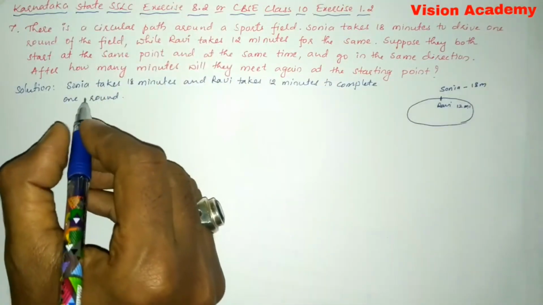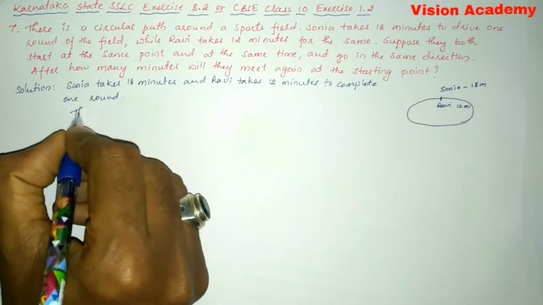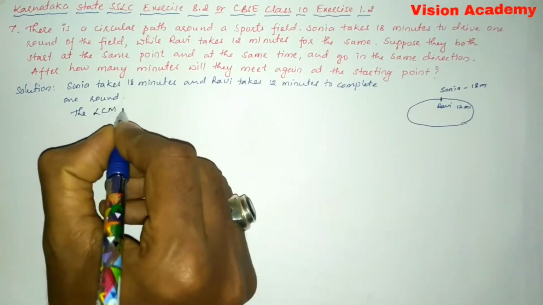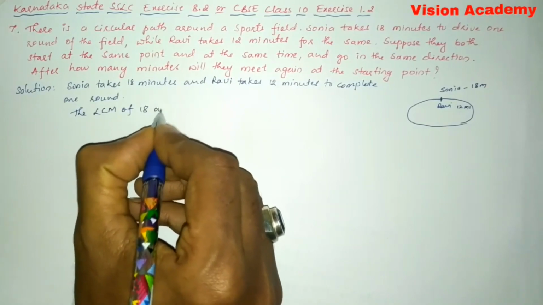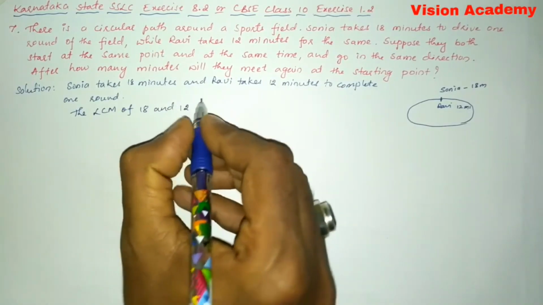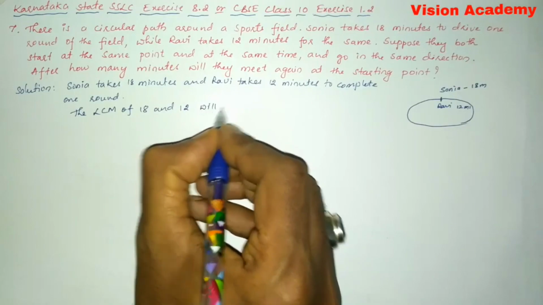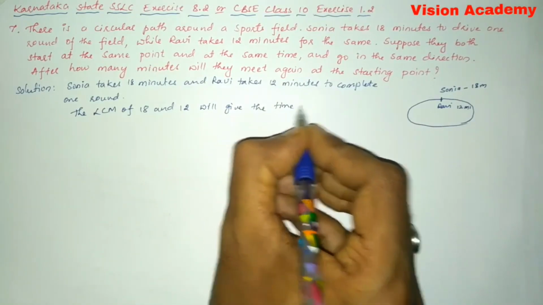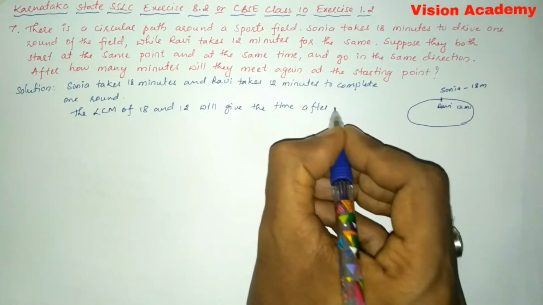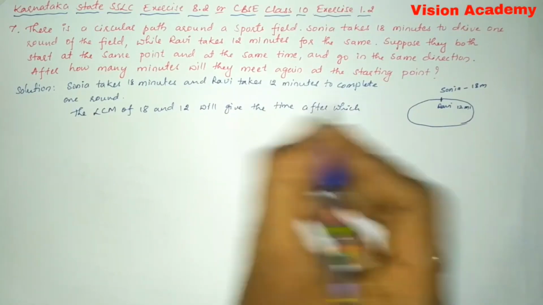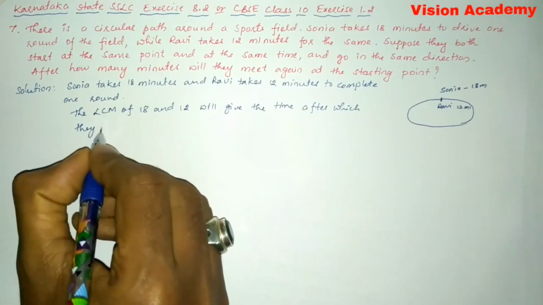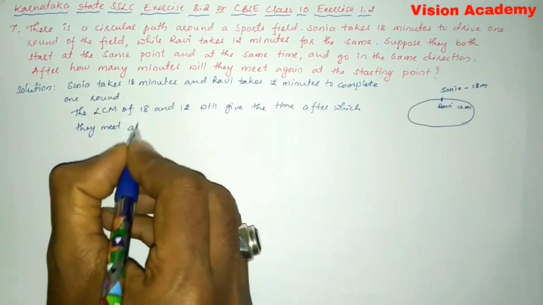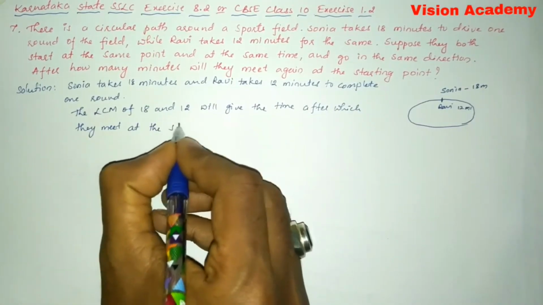So in order to find that, we have to find the LCM of 18 and 12, which will give the time after which they meet at the starting point.